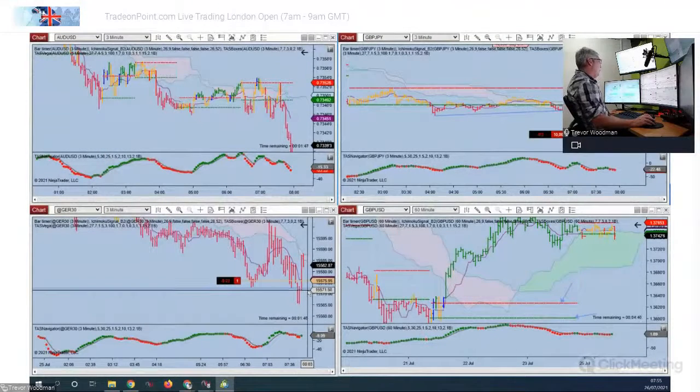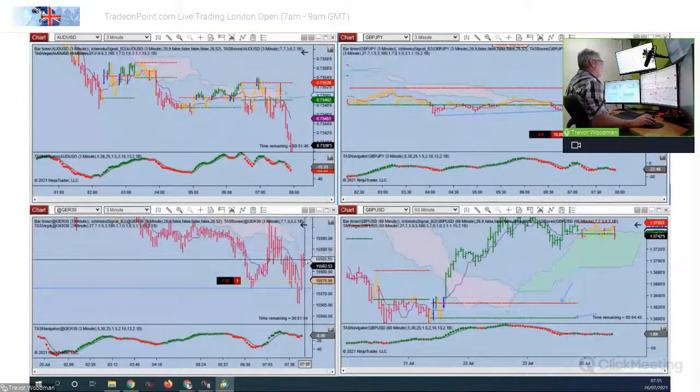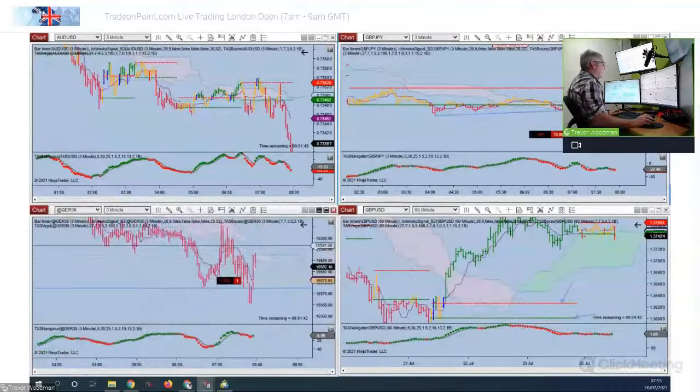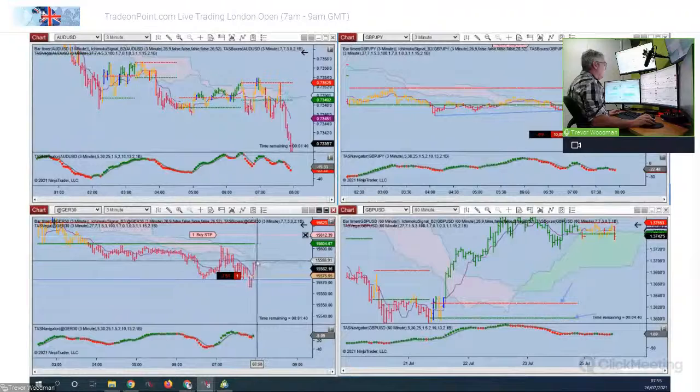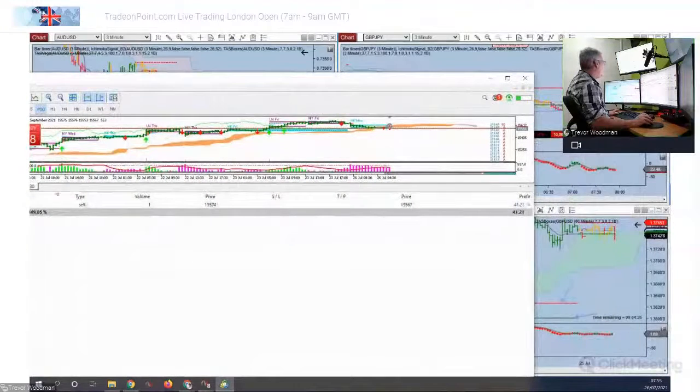So you can see here we had that little rally, but that's fine. We went straight into the cloud. The cloud acted as resistance, and hopefully we can come back down and test this low. So you can see here I've jumped into that trade.